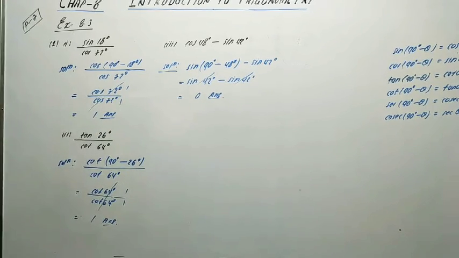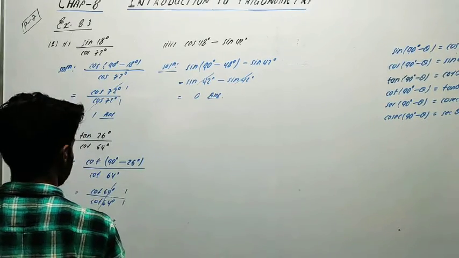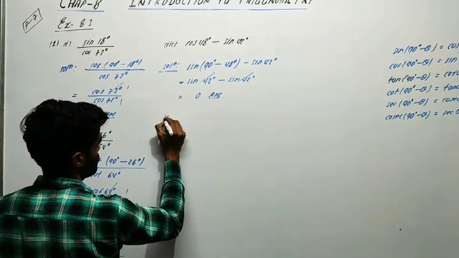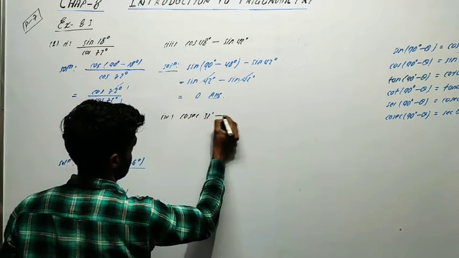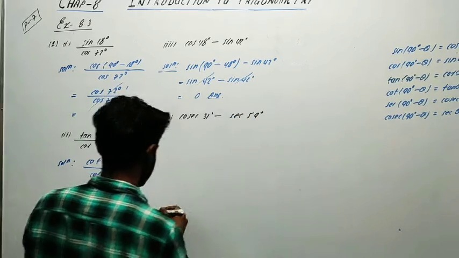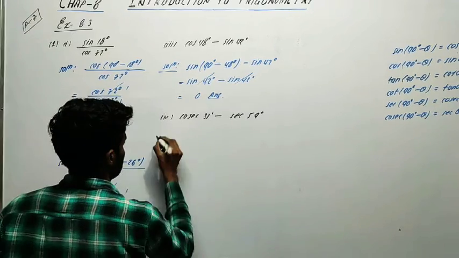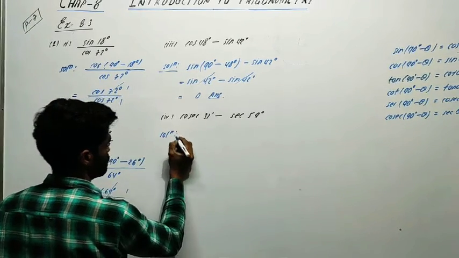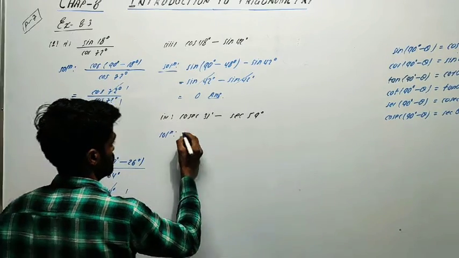Similarly, question number 4, cosec 31 degree minus sec 59 degree. You can pause the video and solve by yourself. Now match the solution. We can convert either cosec in the form of sec or sec in the form of cosec.